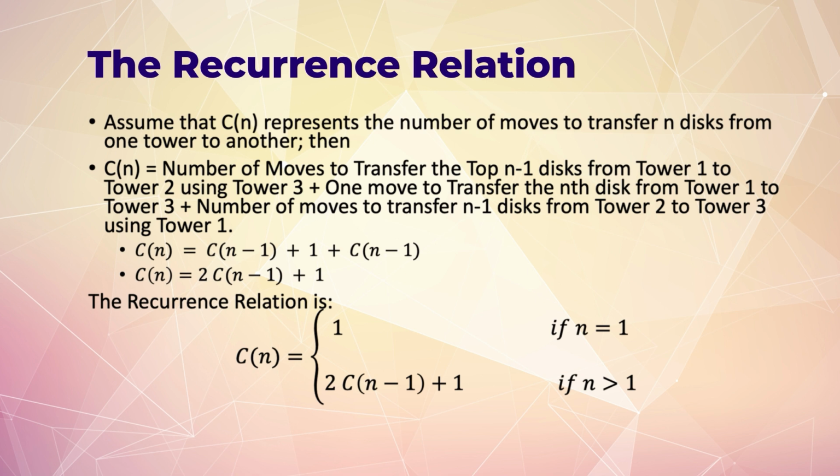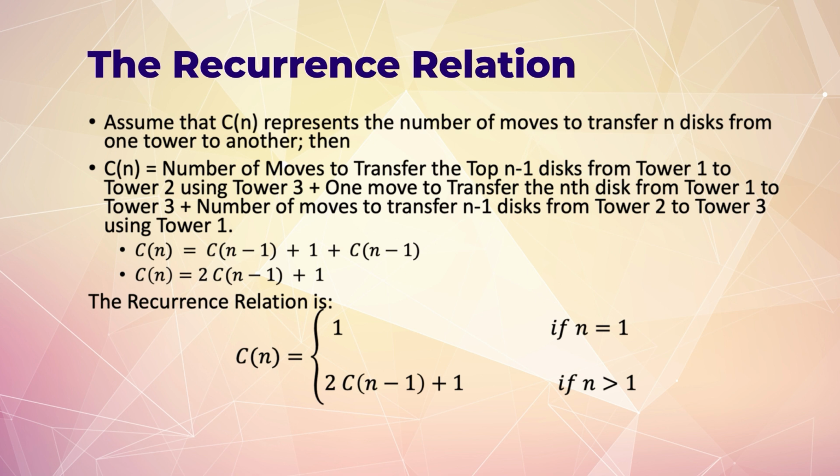So, Cn equals the number of moves to transfer the top n minus 1 disks from tower 1 to tower 2 using tower 3, then one move to transfer the nth disk from tower 1 to tower 3.